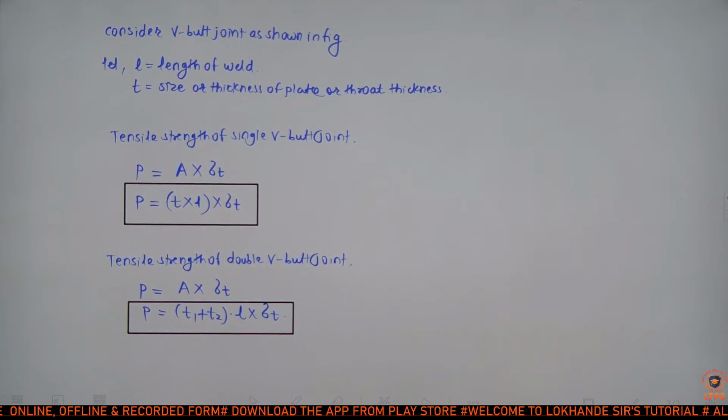So tensile strength of single V butt joint is resisting area in tension into tensile stress.